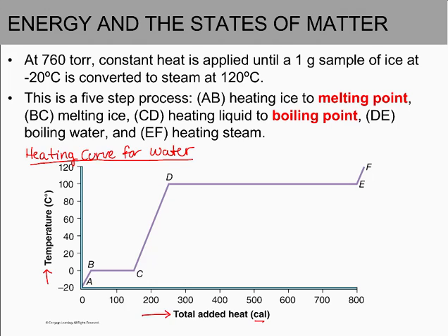All right, so let's say we're starting with a 1 gram sample of ice at negative 20 degrees Celsius. And then we're going to convert that to steam at 120 degrees Celsius. So this is actually a 5-step process. Down here, we're going to start at negative 20 degrees Celsius, and our 1 gram sample of ice is going to start to heat up as we're adding energy.